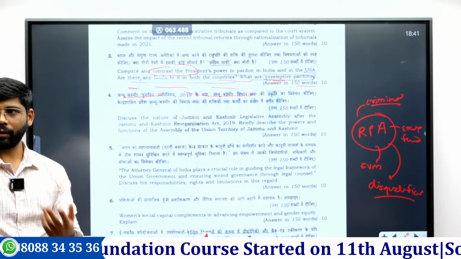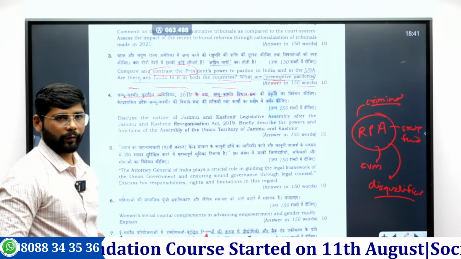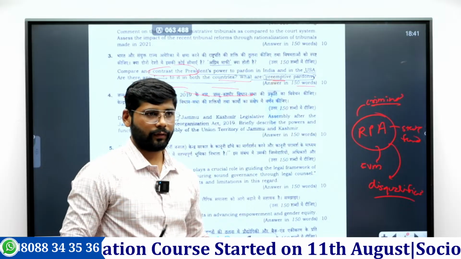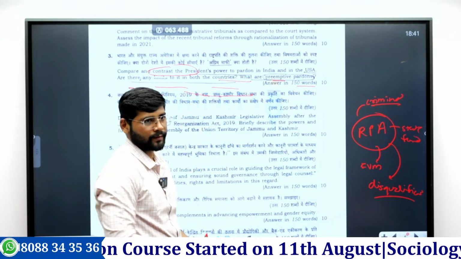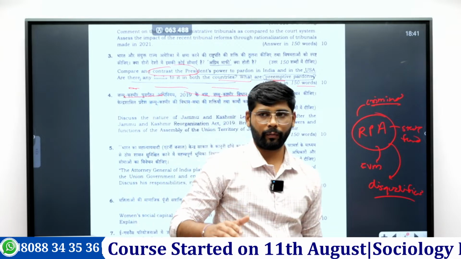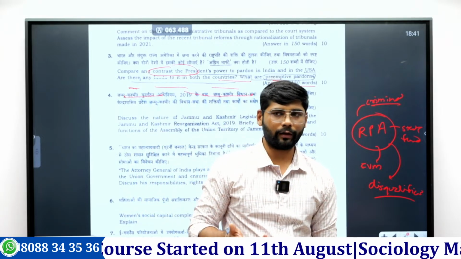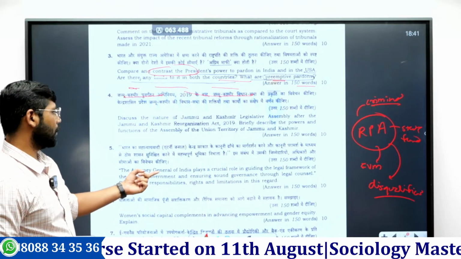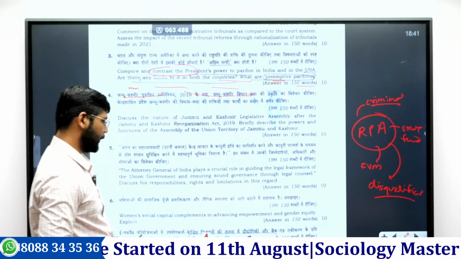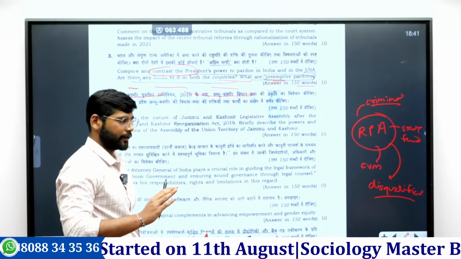Whoever wrote this year will have read about this. Next time when you write mains, you will also be reading current affairs for 1 year, so you will also know this kind of question. Next, the Attorney General of India. This also came from the syllabus; it is a previous year question.